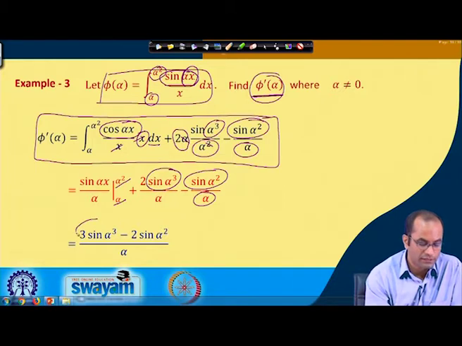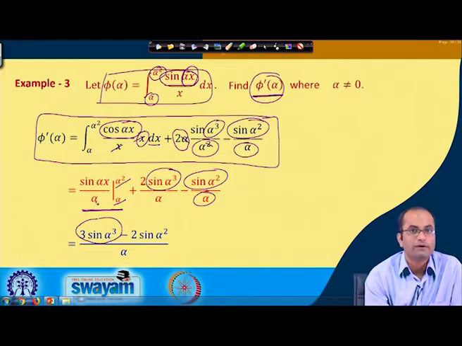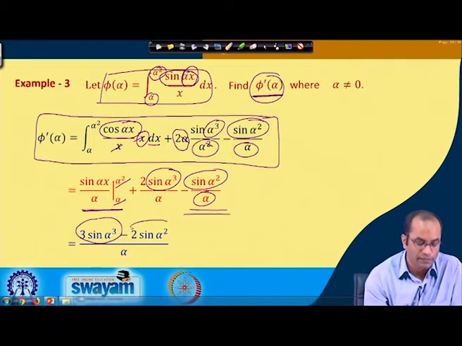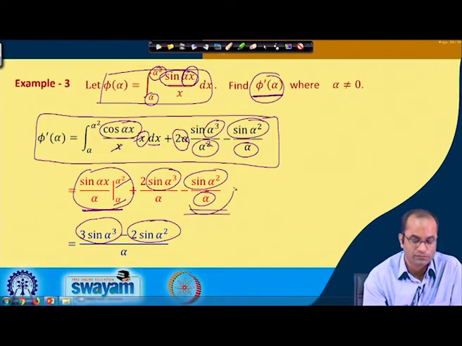So, that will be 3 times sin alpha cube over alpha, and then from the first term we will get minus sin alpha square over alpha, and from this term also minus sin alpha square over alpha.